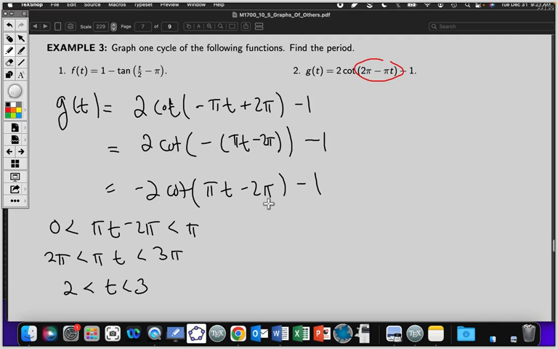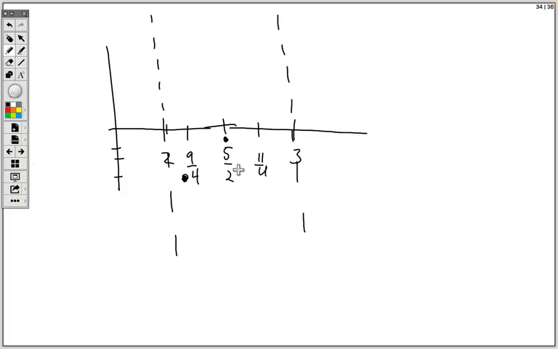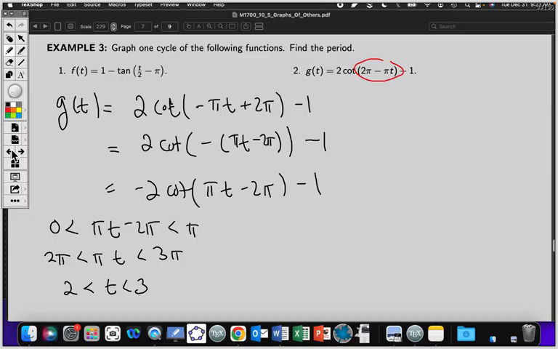Gives you 3 pi over 4. Cotangent of 3 pi over 4 is -1, times -2 is 2, minus 1 is 1. And connect them in that sort of S-shaped thing. And there you go. So once again, we have an increasing curve here. The standard cotangent is decreasing, but we're flipping it over.